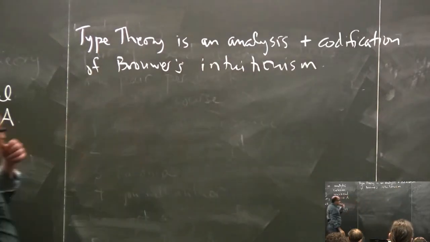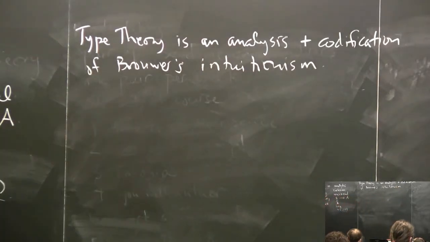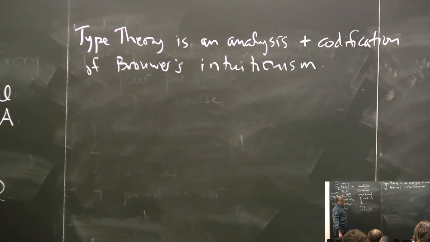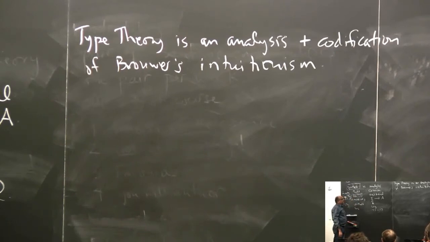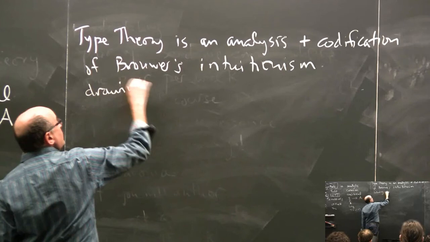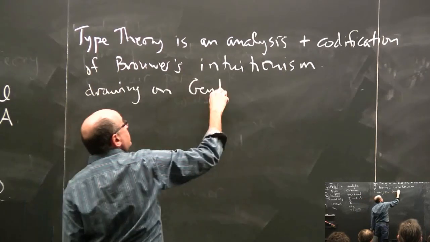And it draws on a number of crucial ideas that were developed subsequent to Brouwer's initial inputs. So this was not an exercise in writing down what Brouwer said somewhere and amplifying it. A lot has gone into this over decades. And one of the important things is bringing in the perspective of proof theory, which I'm going to outline shortly, and in particular, I would say, especially drawing on Gentzen's insights into proof theory.